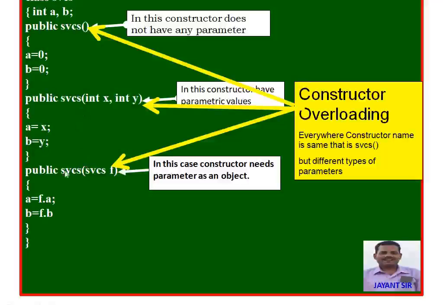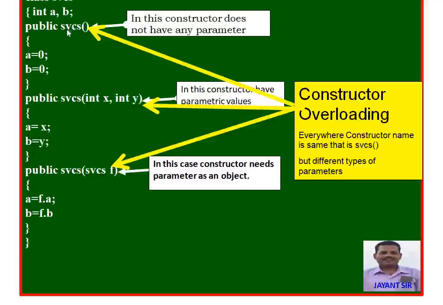Again, public SBCS. This constructor needs a parameter as an object: SBCS f, a equal to f dot a, b equal to f dot b. Look here: this SBCS constructor does not have any parameter, here the constructor has parametric values, but in this case the constructor needs a parameter as an object.